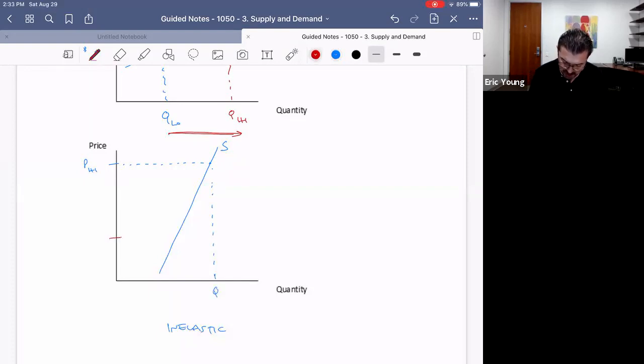Even a big change, look at this thing, big change in price, big drop in price. But when we take our line over and hit the curve and go down, we see that this big change in price yielded a fairly small change in quantity supplied. Not very responsive: inelastic supply.